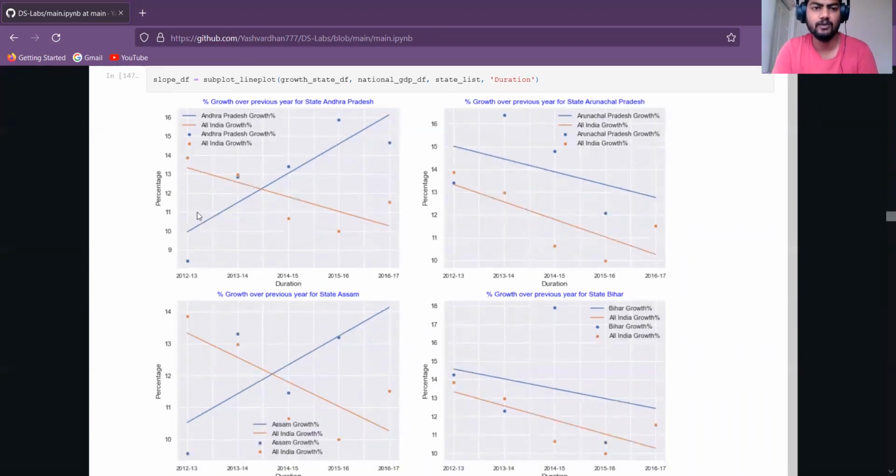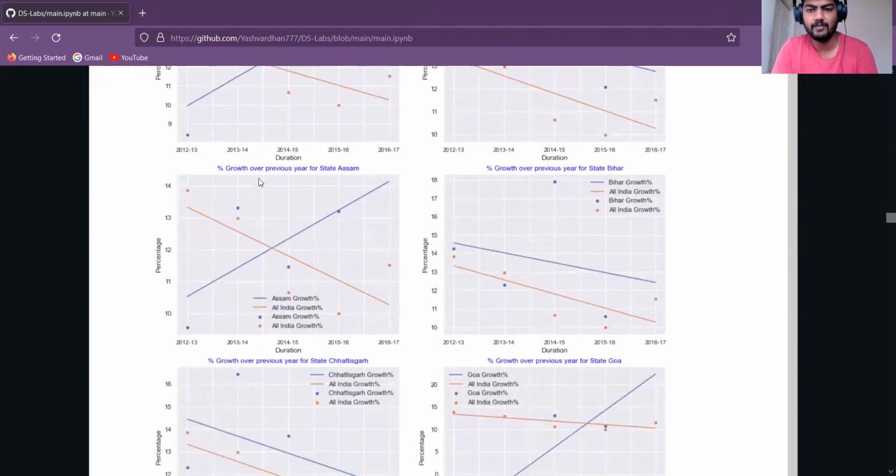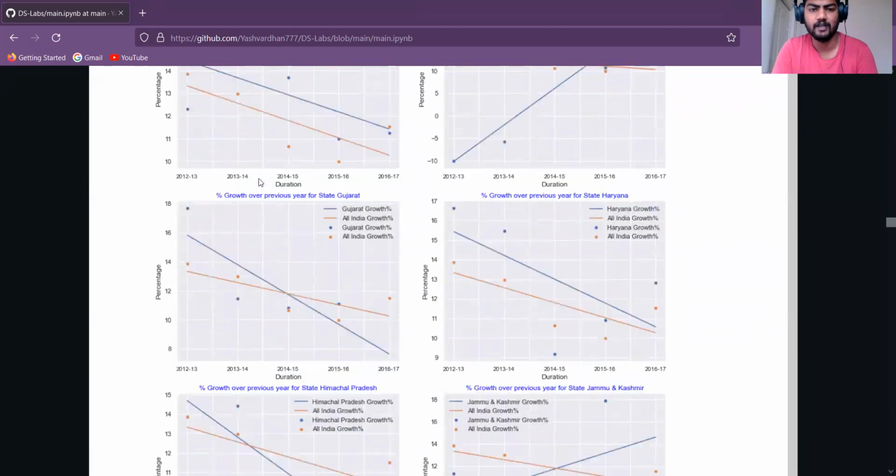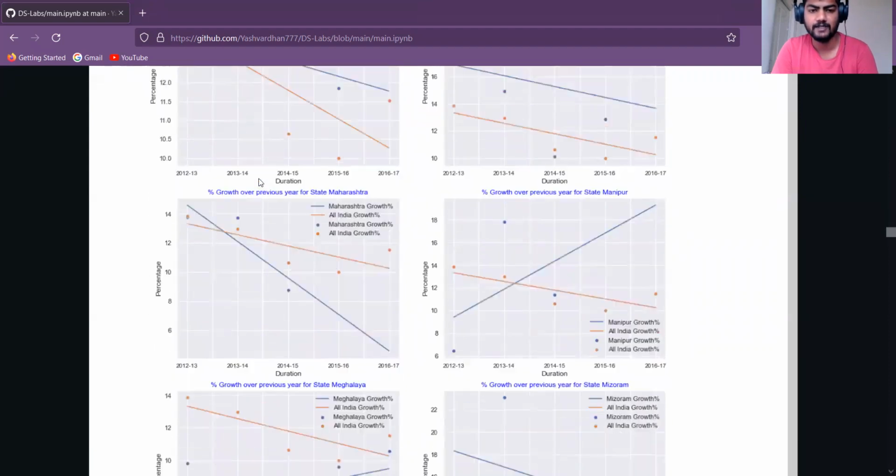Here we can see that the blue line represents the state growth percentage, and the all India growth percentage is represented by the orange line. So we can draw the comparison for a particular state with the all India growth percentage. Similarly, we calculate the percentage growth for Assam, Bihar, Goa, Chhattisgarh, etc., for each state.